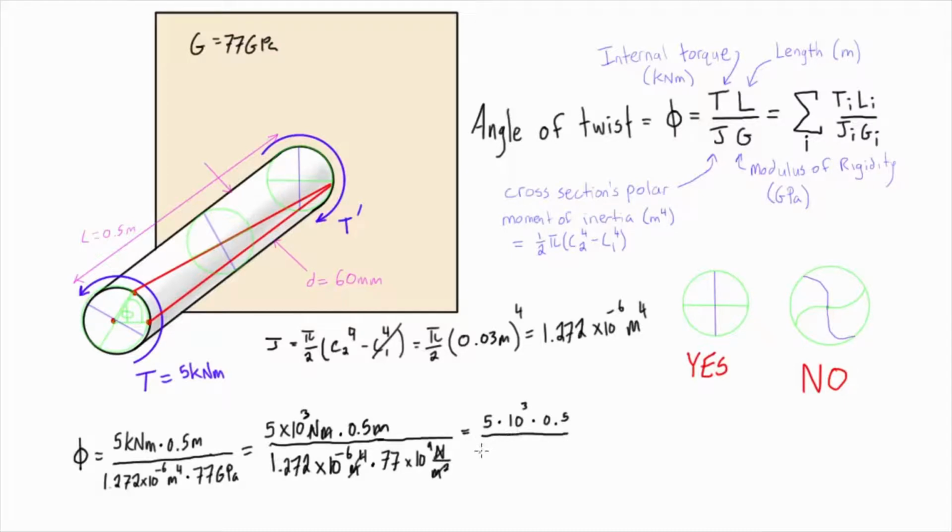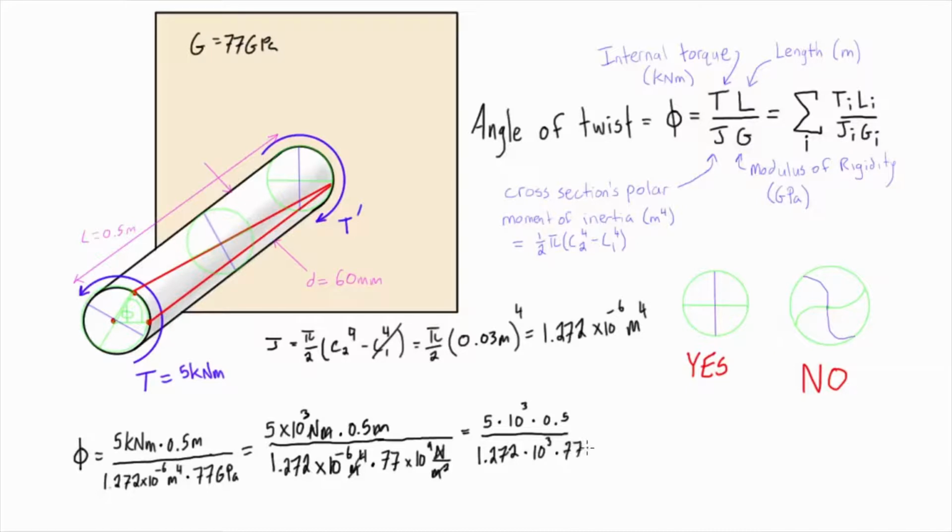This is over 1.272. Now if we look at this, we have 10 to the minus 6 times 10 to the 9, so that's going to leave us with 10 to the 3 on the bottom, and then we also have that 77.